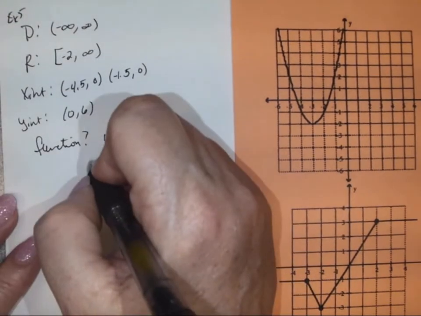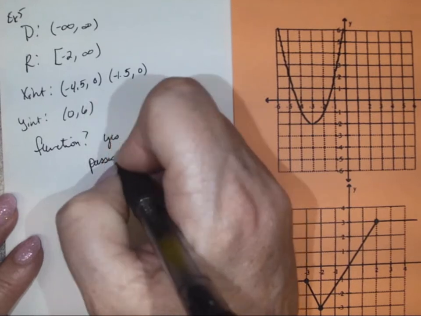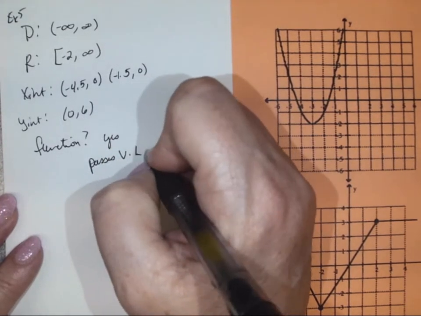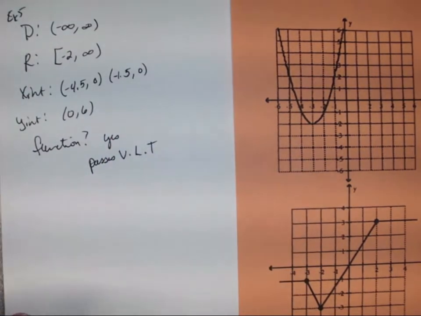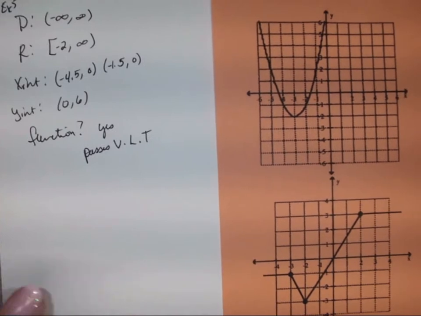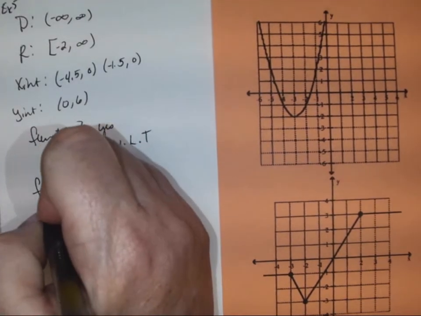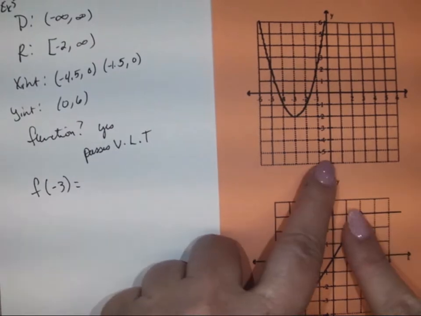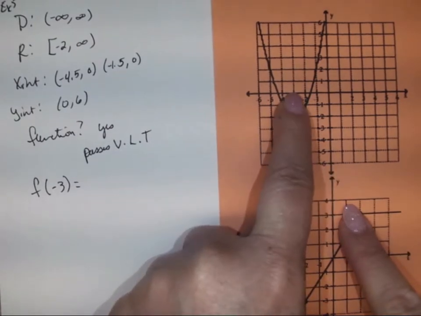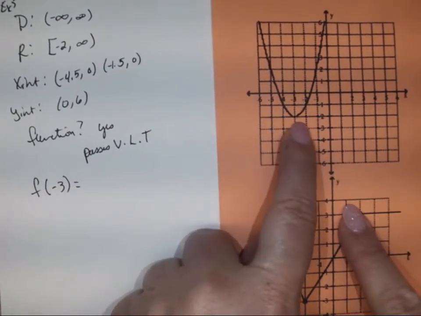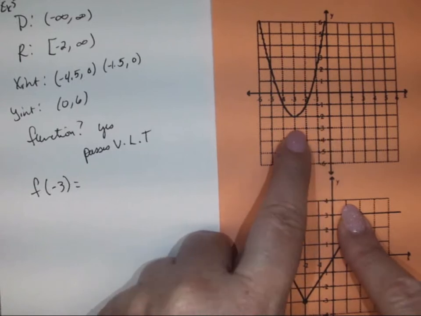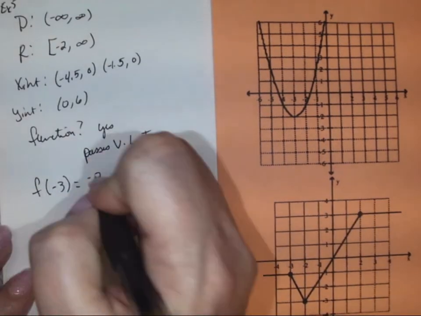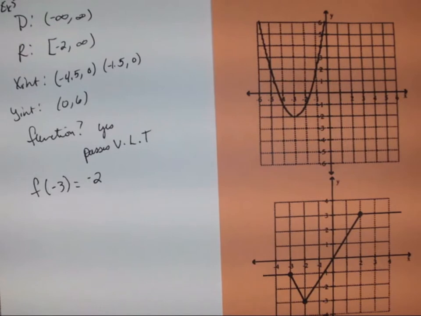And yes, and you'll say why is because it passes. You can do the vertical line test as VLT. I'm okay with that. And then let's find the value at f at -3. So if I'm looking at the function and I go to -3 for my x value, if I come down, the value is equal to -2. And that's all we have to do for that one.